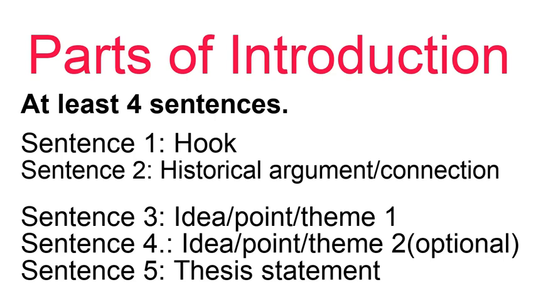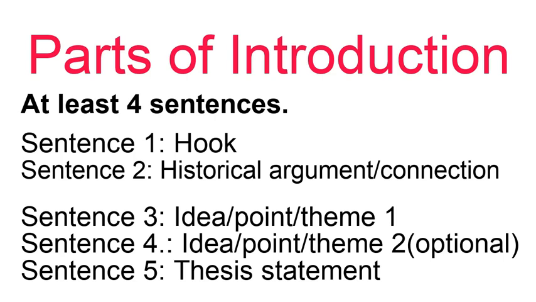The first sentence is the hook, which basically entangles the reader, attracts the reader's attention to what the paper is all about. A hook answers the question of what the topic of the paper provides.